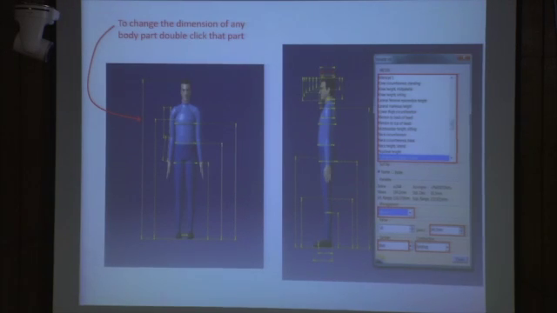So here it is shown how we can change the dimension of any body part. Double click on that part. If we double click on that one, then this type of window will open. For example, from front to back, this is the head depth, from the protrusion to the back of the head, though it is not clearly visible.